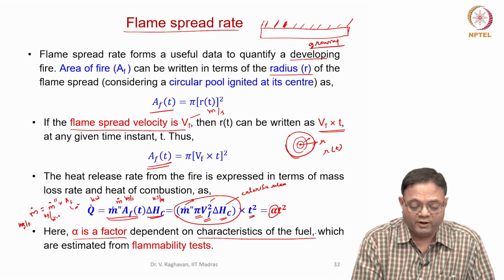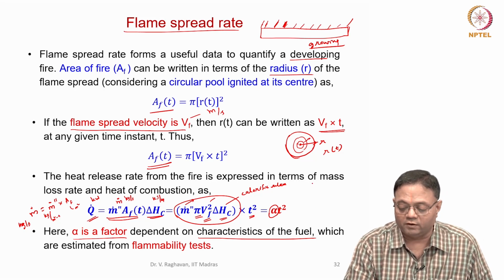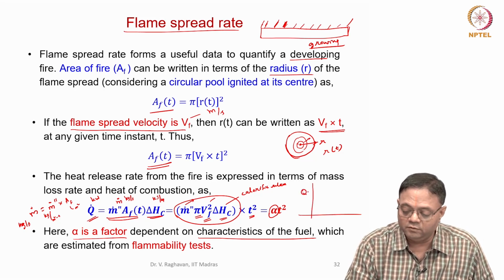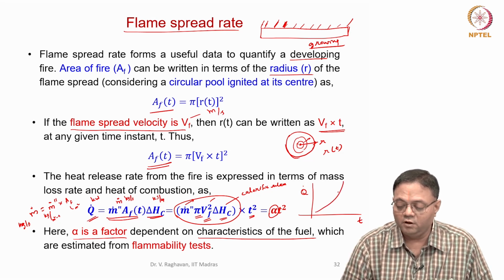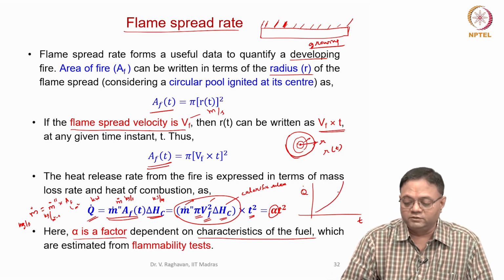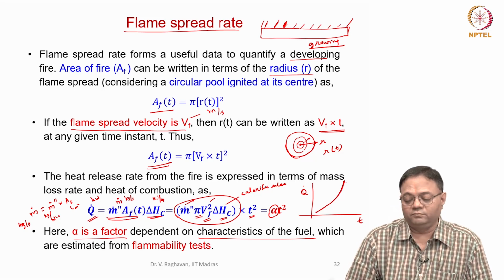So, we can say that the heat release rate is alpha times T square. So, when I plot this against T, I get a curve like this, the alpha T square curve. So, this is the growth rate of the fire.